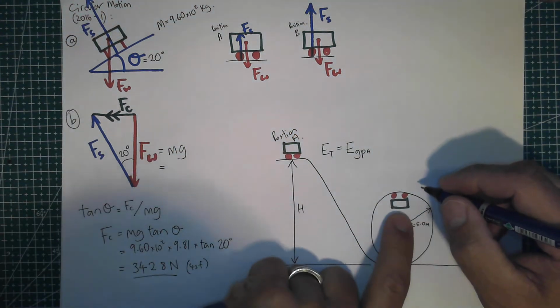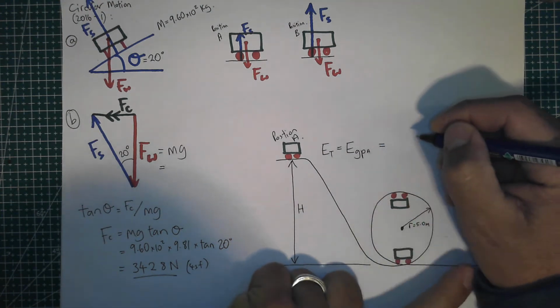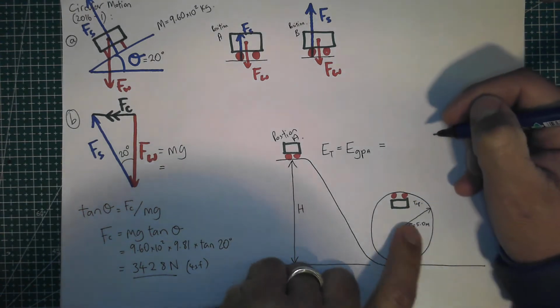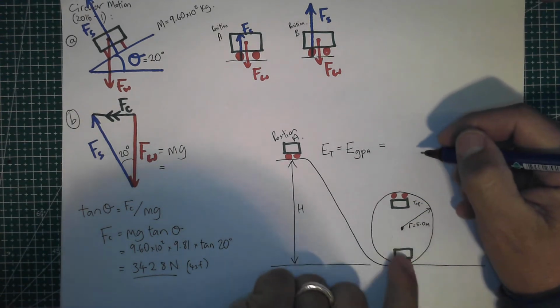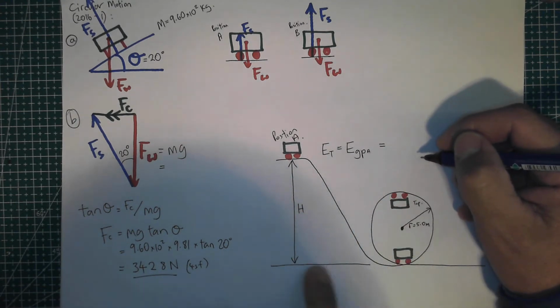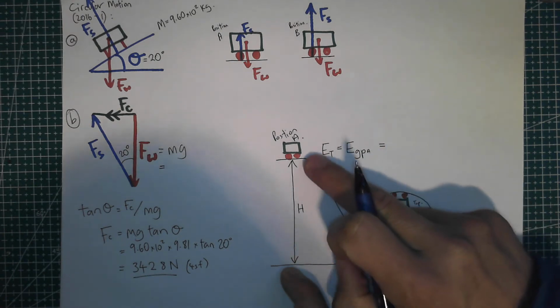And then the other place we need to consider the energy is here at the top of the loop. We'll call this position top, and at the top of the loop we've got two types of energy. The cart has risen up from where we're measuring the gravitational potential energy in position A from.